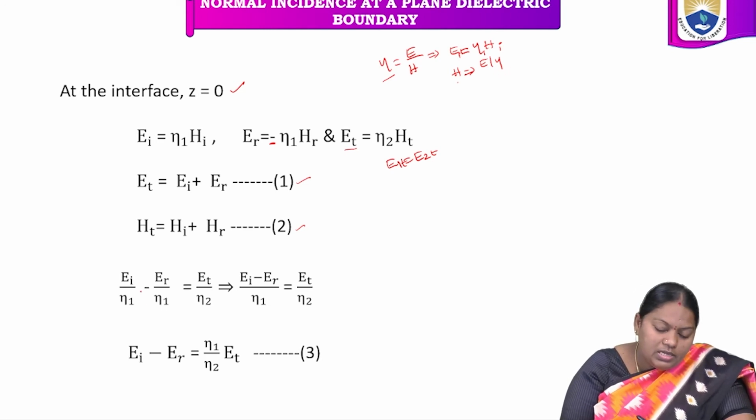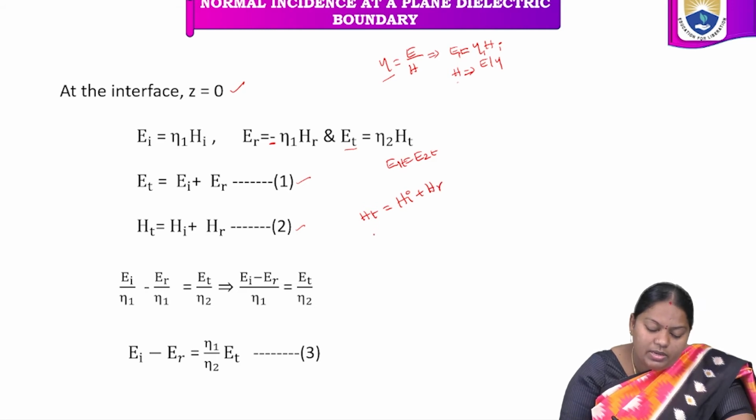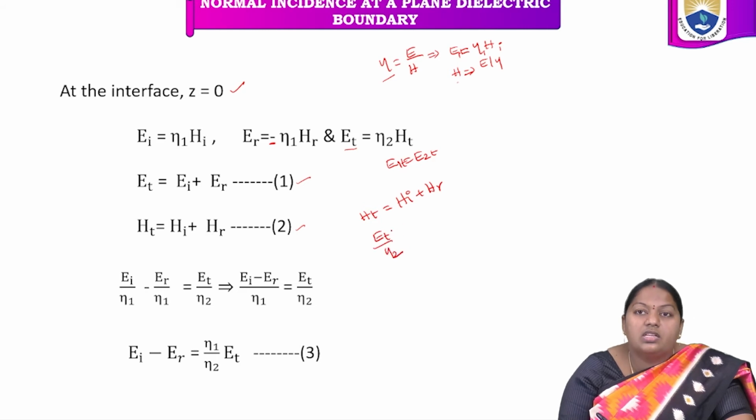So depending upon that, HT equal to HI plus HR. Now from this, HT is given by ET by eta 2. Why? Because this transmitted wave exists in medium 2, hence the intrinsic impedance is replaced by eta 2, and HI means EI by eta 1 minus ER by eta 1.